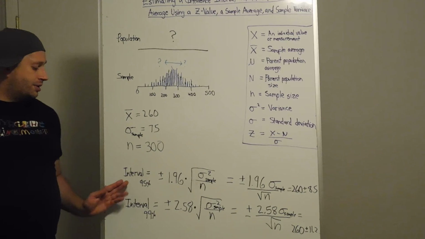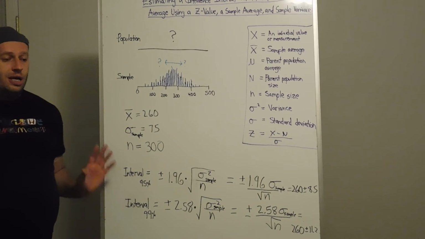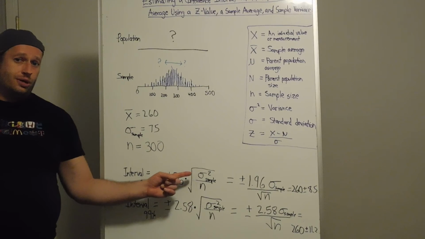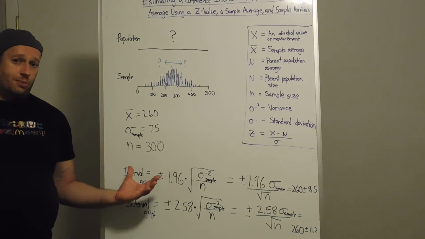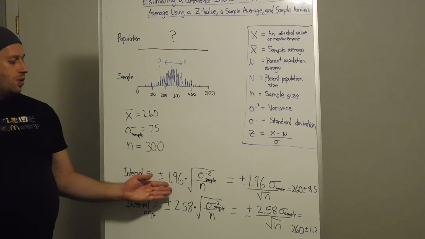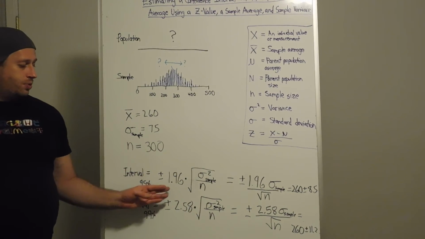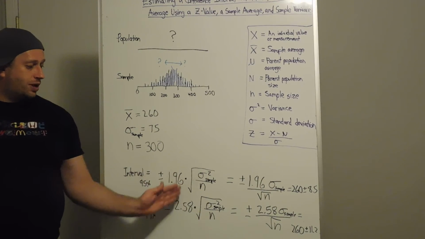If we want a 95% confidence level, if this was actually the population variance, we would use 95%. So we're going to use 95% because we don't know what else to use in this case. So we go 1.96 times the square root of this.